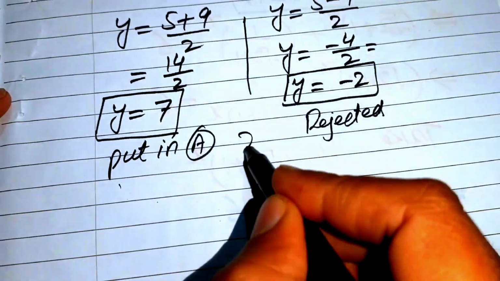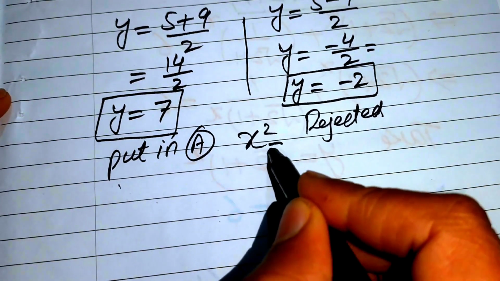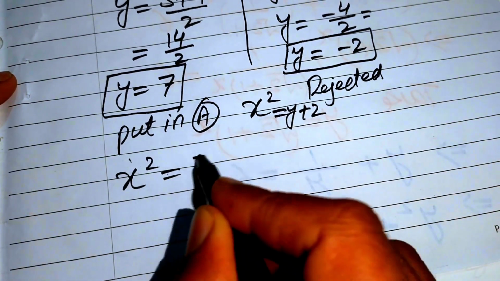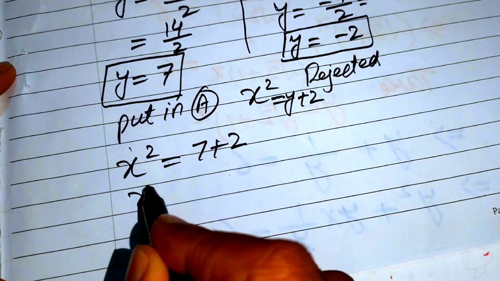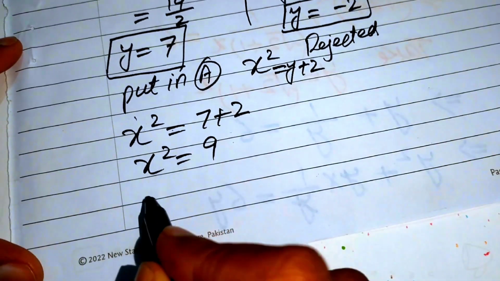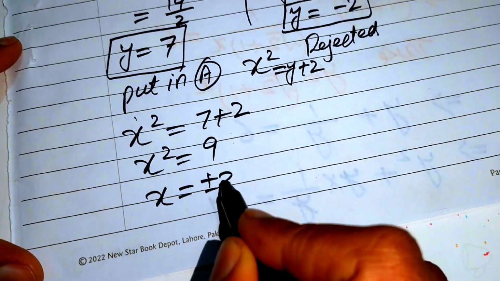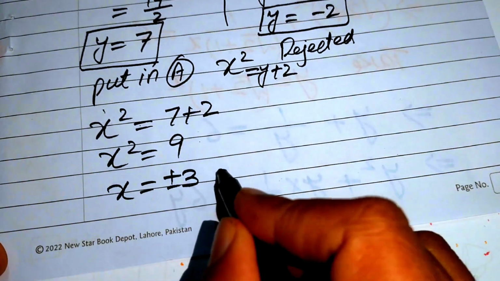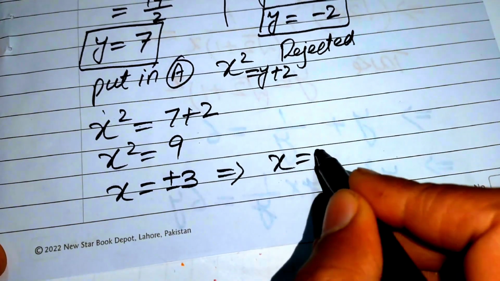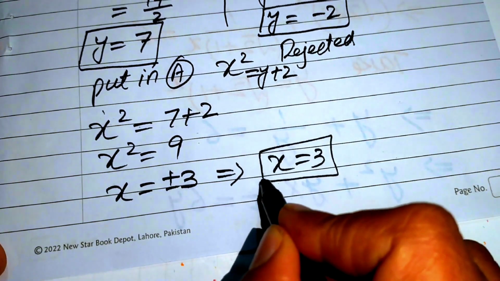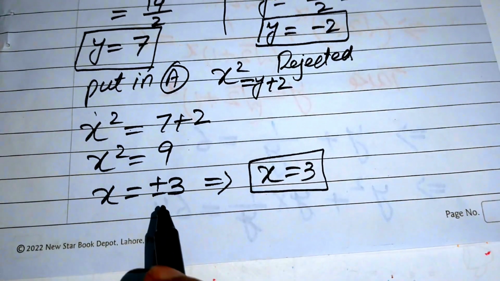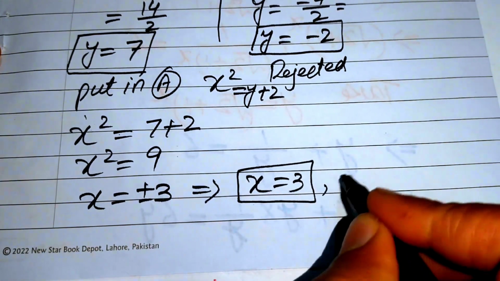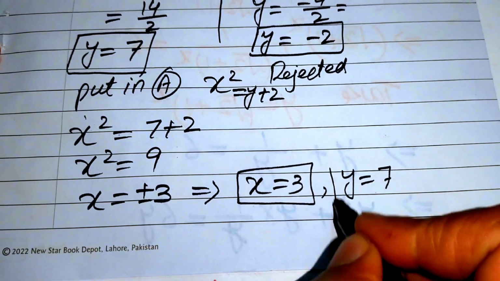So our a is x square equals y plus 2, and it becomes x square equals 7 plus 2, and we have x square equals 9, and you get x equals plus minus 3 after taking the square root on both sides. Here we again choose the positive value because x is the side length of the right triangle, so we neglect the negative value. And so we have x equals 3 and y equals 7.